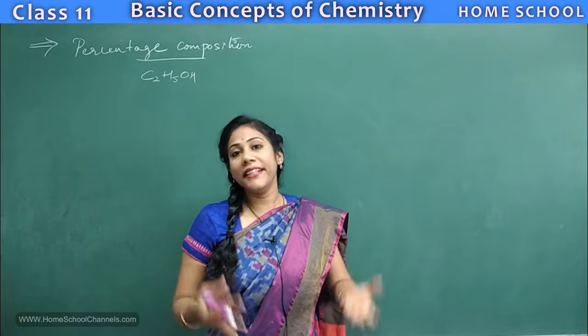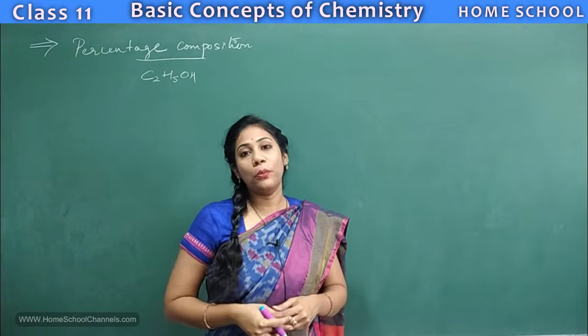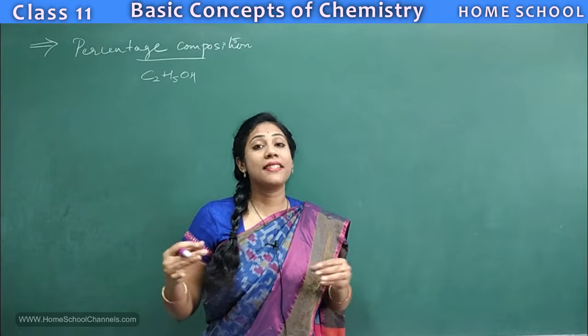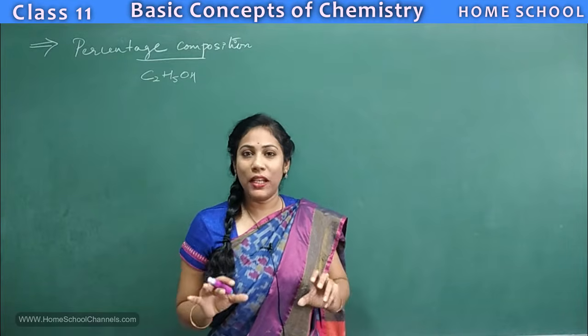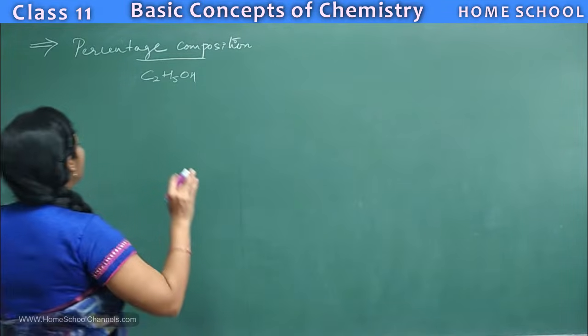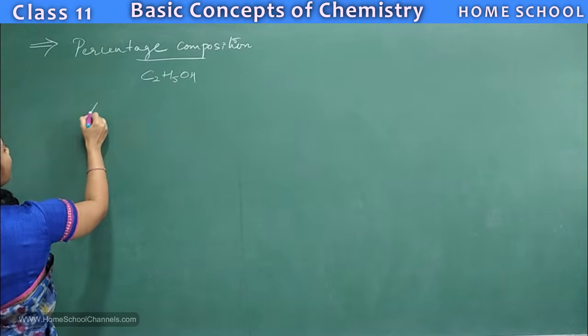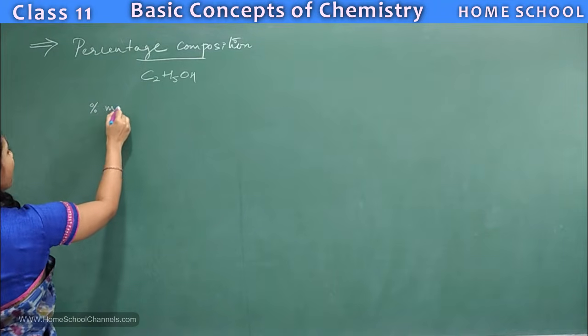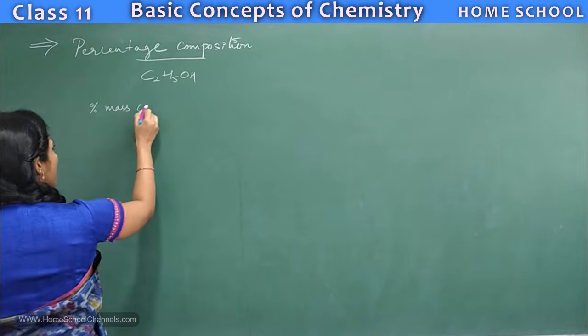So to identify that, we use a formula which we call the percentage composition formula. Okay, so note down the formula to find the mass percent. We also call it mass percent.